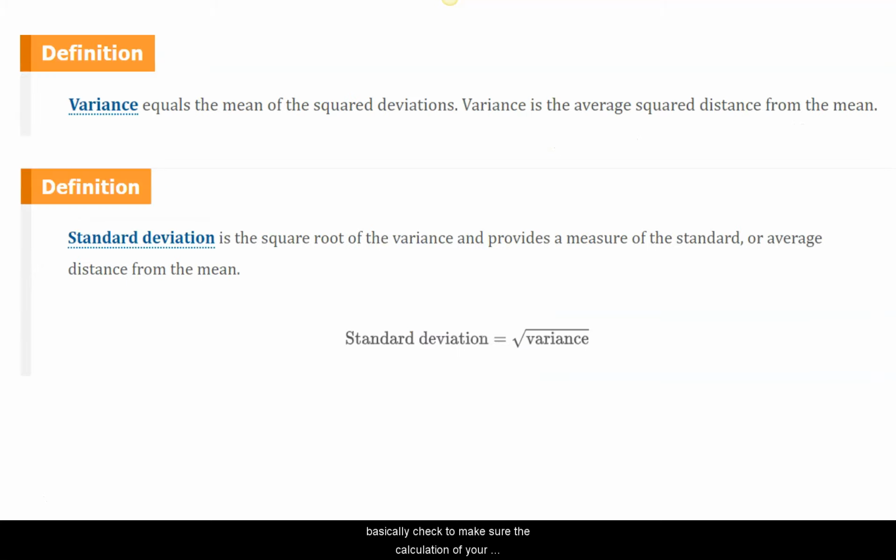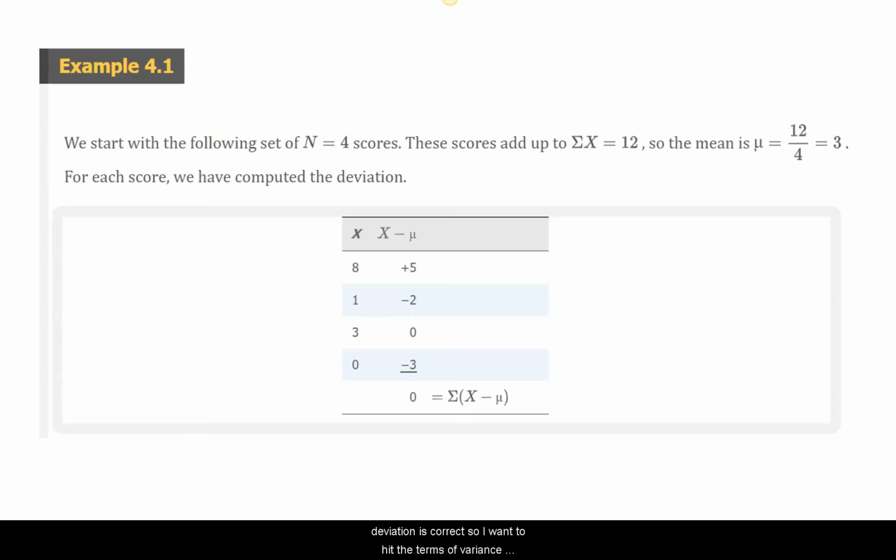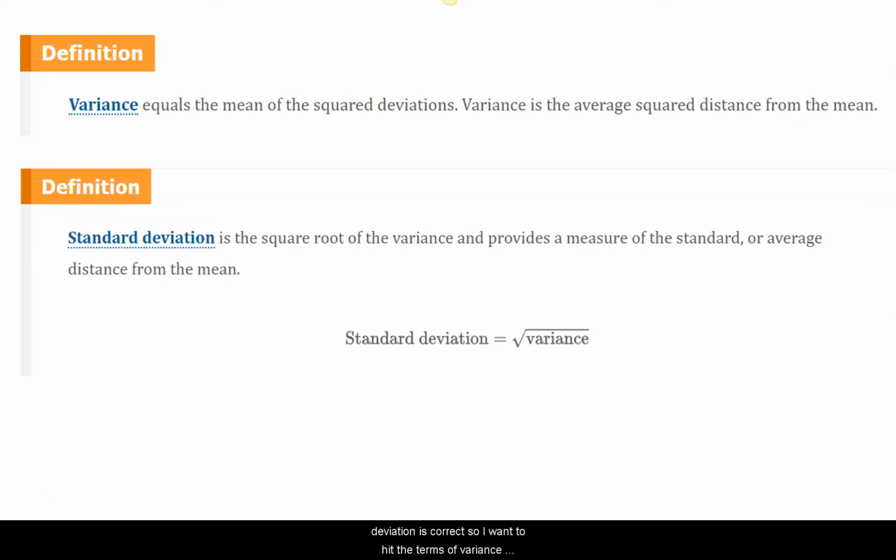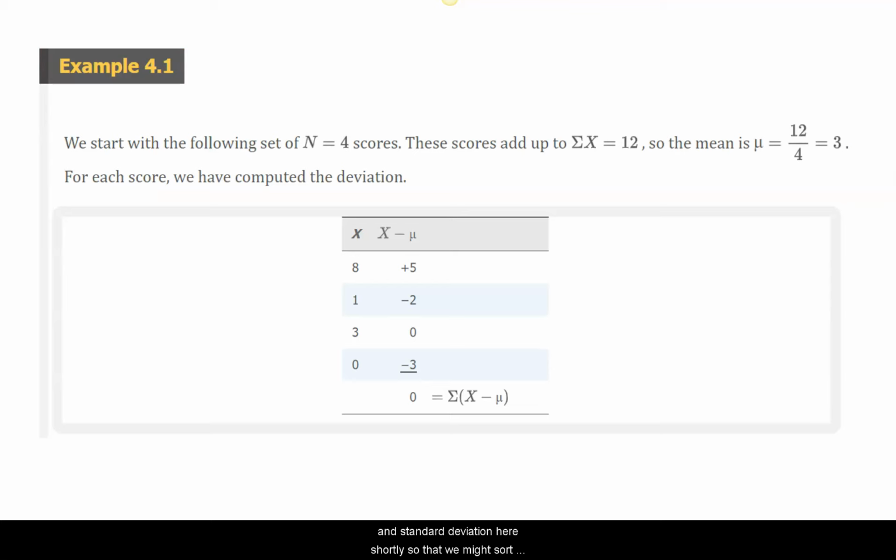I want to hit the terms variance and standard deviation shortly, so that we might get at a mean deviation or a standard deviation, a numerical description of how spread out numbers are above and beyond the range. But as we'll see, we really can't take a mean deviation. Why not?